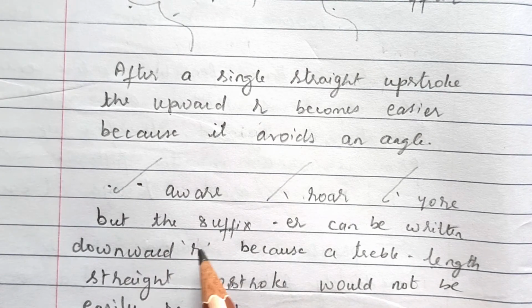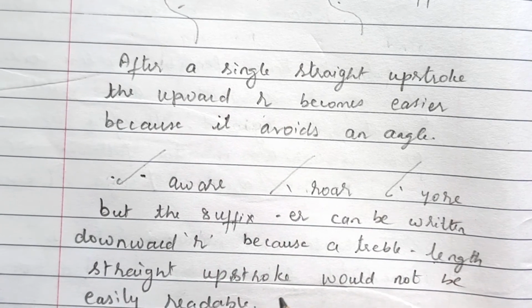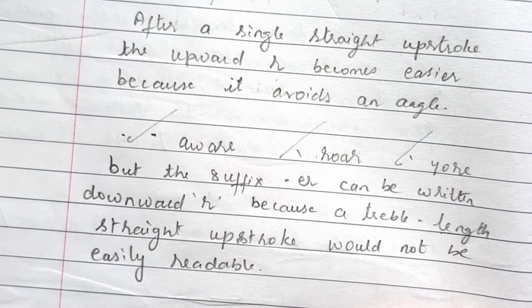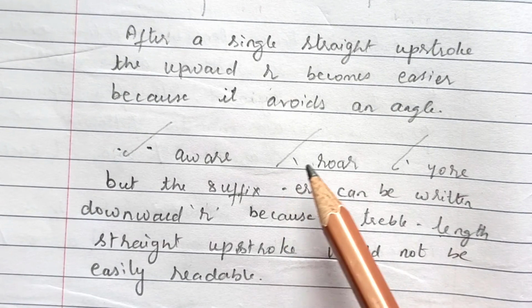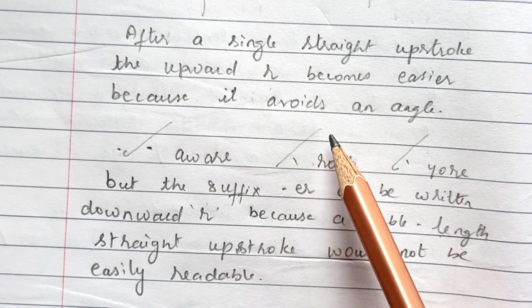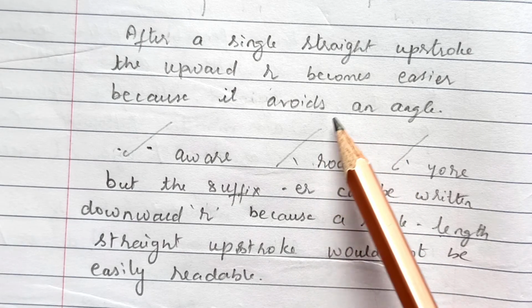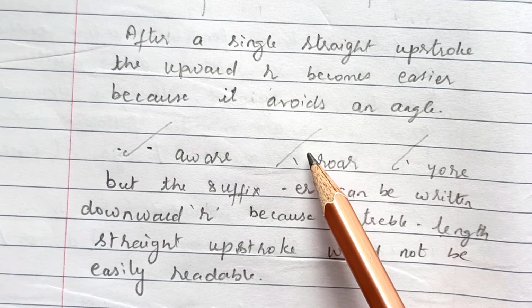At the same time, the suffix can be written downward R because a triple length straight upstroke would not be easily readable. So, the suffix for the words roar, when it becomes roarer, we cannot write another upward R. It becomes too lengthy and it is difficult to read.